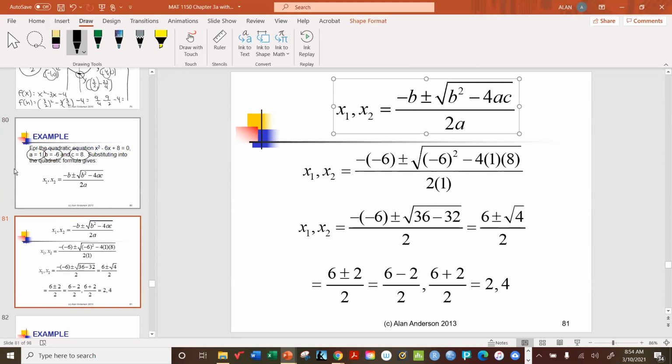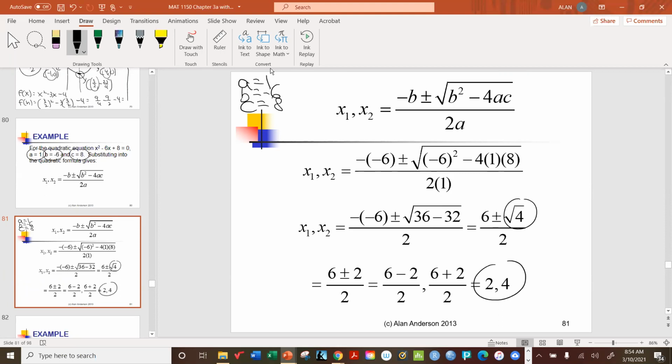I'll just quickly remind you that A is 1, B is -6, and C is 8. So you just go ahead and start plugging in the numbers, and as long as you're careful, you'll get to the correct solution. And once again, we got lucky over here. We got a perfect square. So you can see that this reduces very nicely to a couple of integers, 2 and 4.